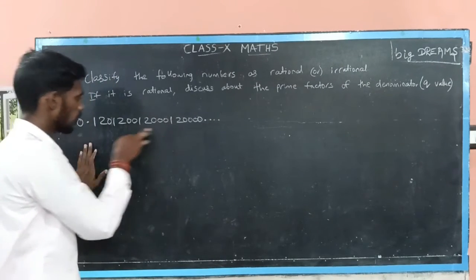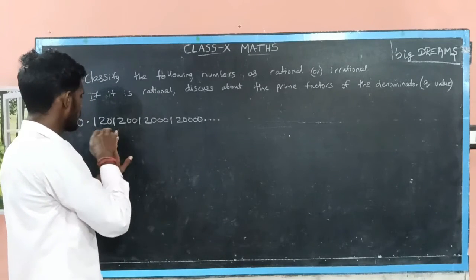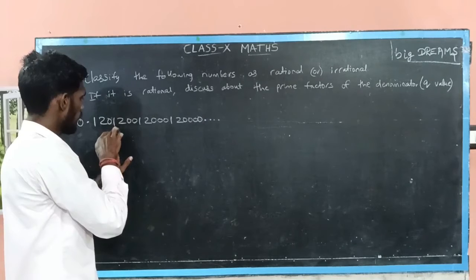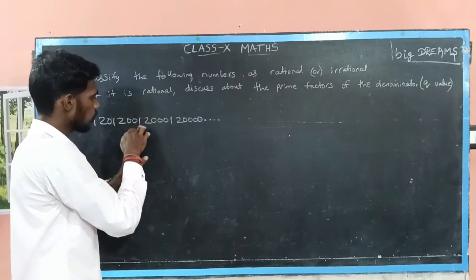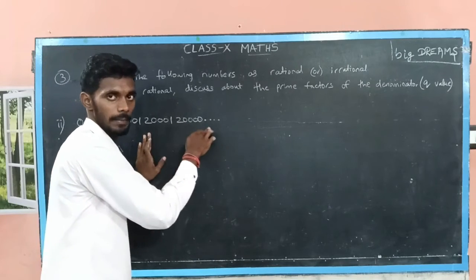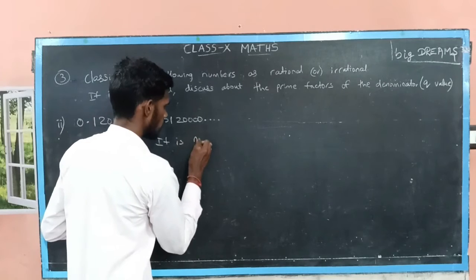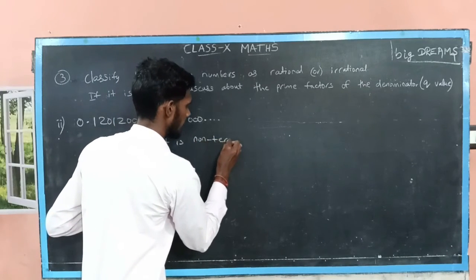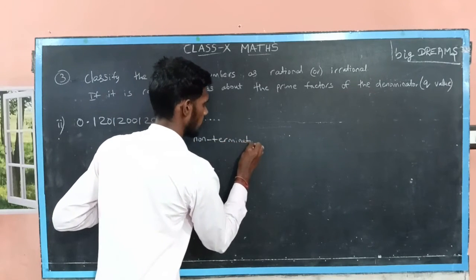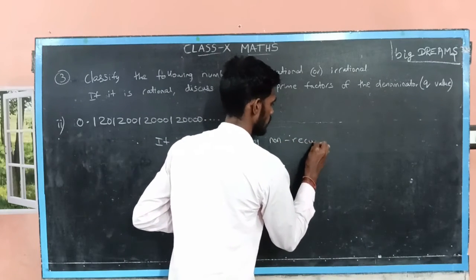See here, it is a non-terminating decimal value. See whether it has repeating digits: 1201 here, 2001 here, 20001. So it is not repeating. So it is a non-terminating, non-recurring decimal.